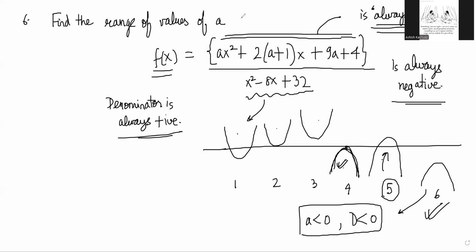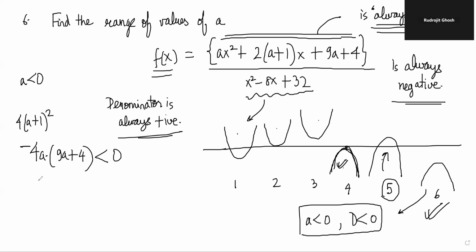कंडीशन पता है, अब यही कंडीशन लिखना है इसमें। a less than 0 and discriminant which is (4a plus 1) whole square minus 4a into (9a plus 4) is also less than 0। इसको सॉल्व करके a का रेंज आ जाएगा। यहाँ पे क्वाड्रेटिक इनइक्वालिटी आएगी, 4 you can cancel.